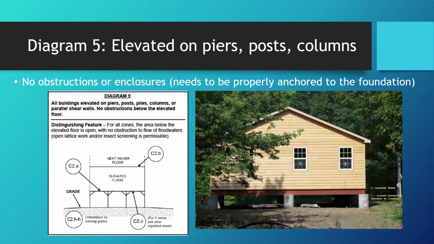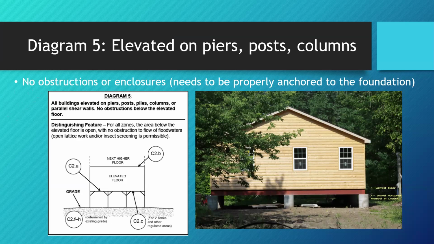And then diagram 5 is elevated on piers, posts, or columns, and it's completely open underneath. So there's nothing underneath that foundation, it's open. And you can see straight through to the other side in this picture to the vegetation on the other side. So C2A is the top of that elevated floor, and then C2B would be anything above that.